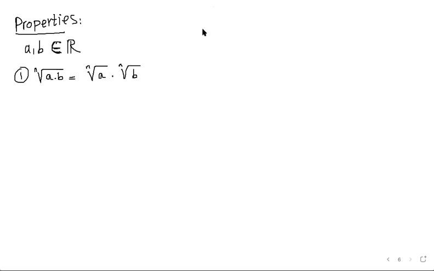I'll give you an example. The third root of minus 27 times 64. What's this equal? What's the answer?